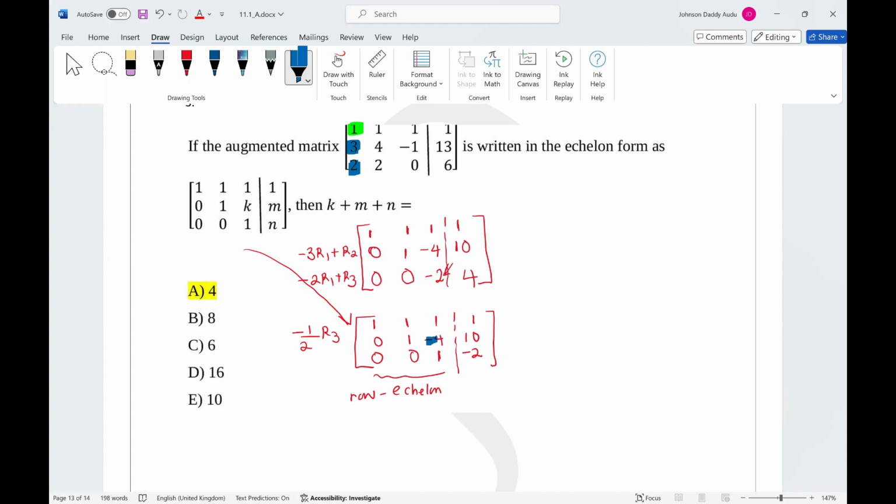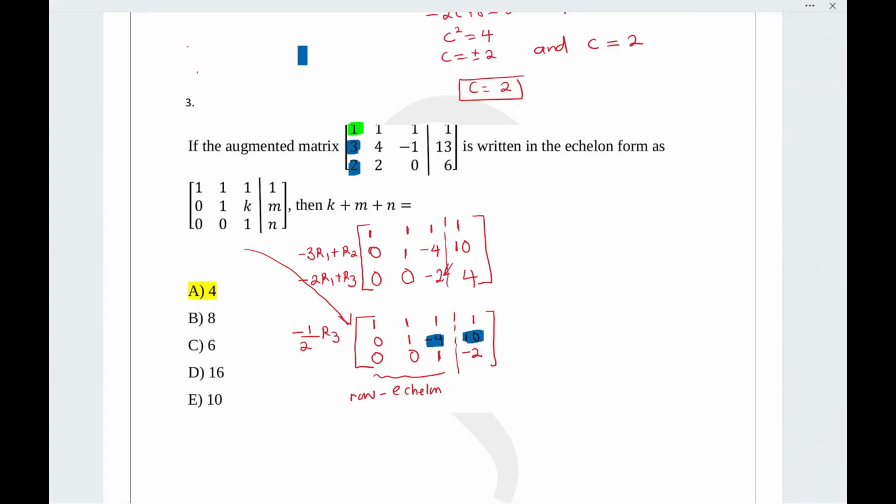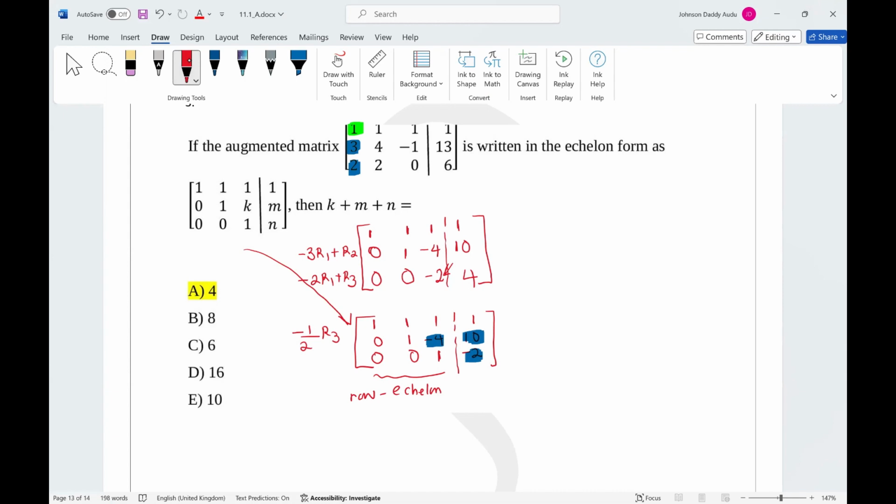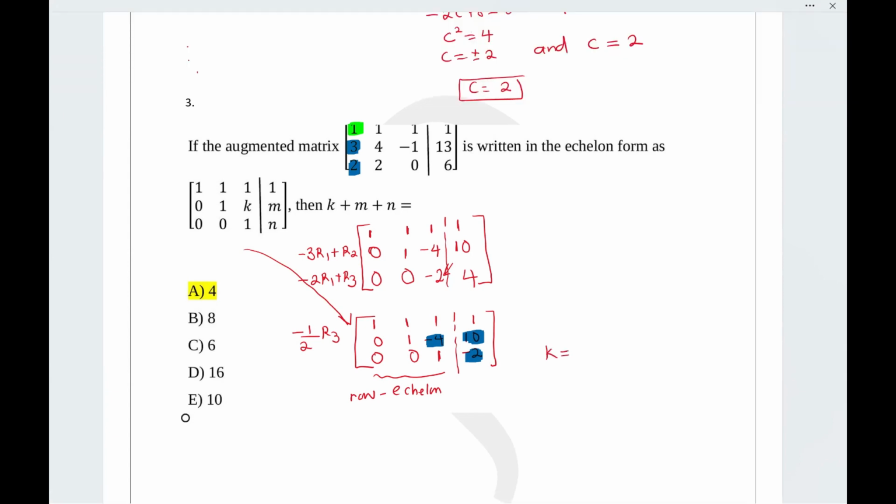This is the position of K, this is the position of M, and this is the position of N. So we can deduce that K is -4, M is 10, and N is -2. And so if you add all of them together, K plus M plus N, it's -4 plus 10 plus -2. And this is just going to be 4.